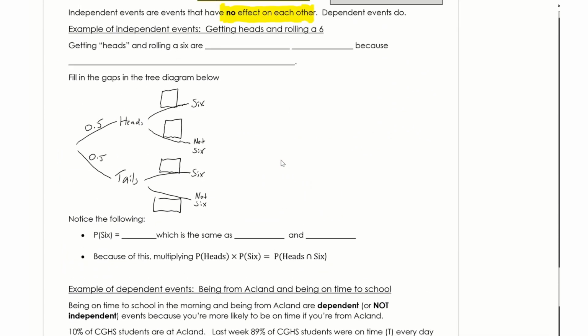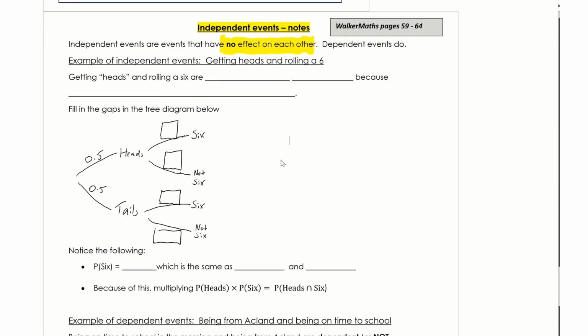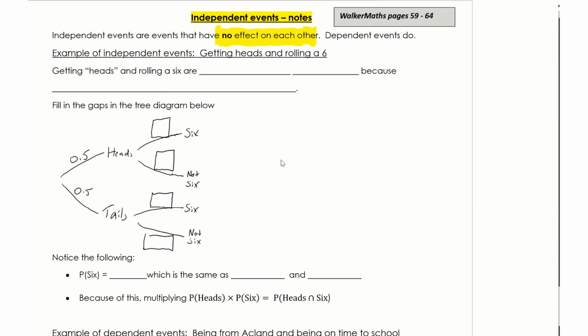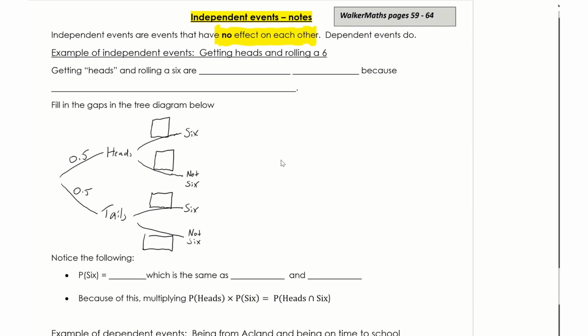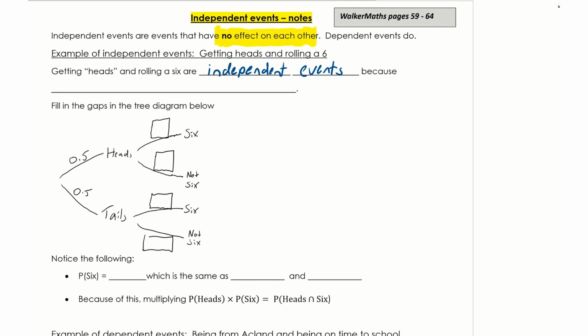So we're going to start by looking at the mathematics that you might have to do to show whether events are independent. So let's look at the coin and the dice example. Getting heads and rolling a 6 are independent events because neither of them affects the other one.